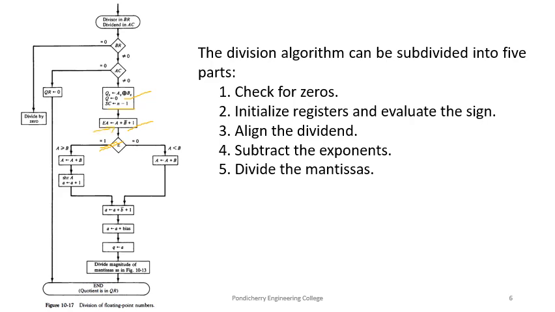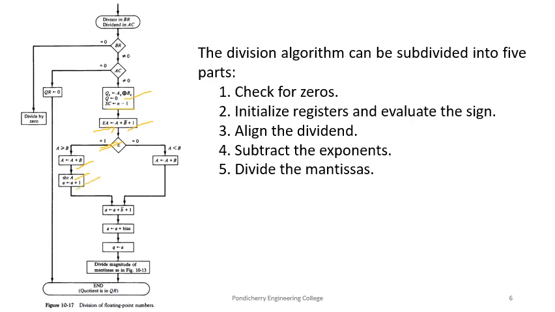But for checking purposes, for comparing, we have done one step of subtraction. We have subtracted B from A. So to bring the values back to the original values, one step of addition is done. B is again added to the content and A is updated to its original value. Then we do the shift right of A by one position and increment its exponent.